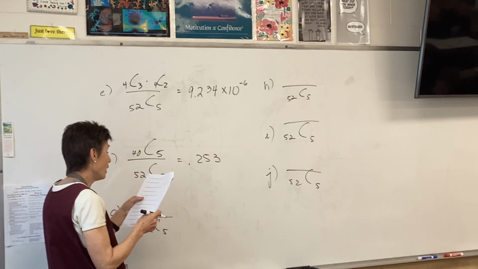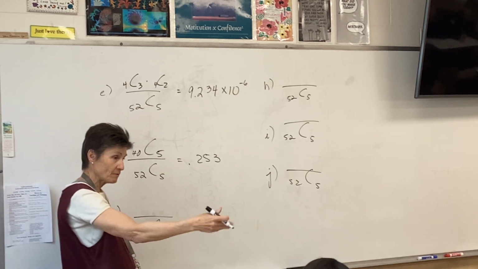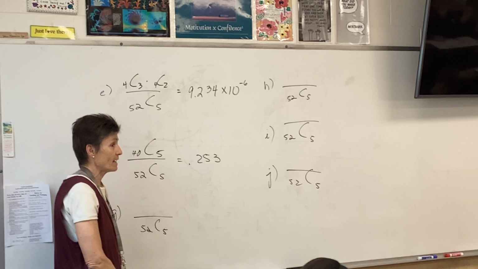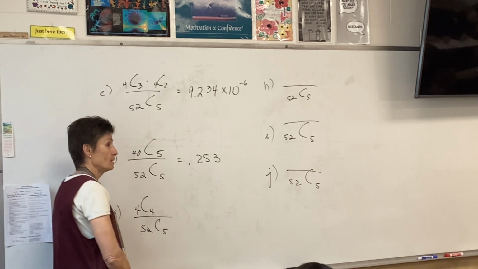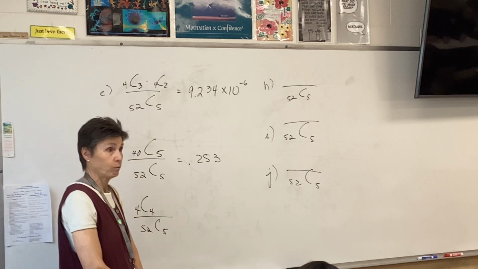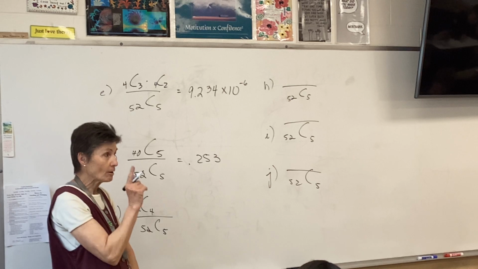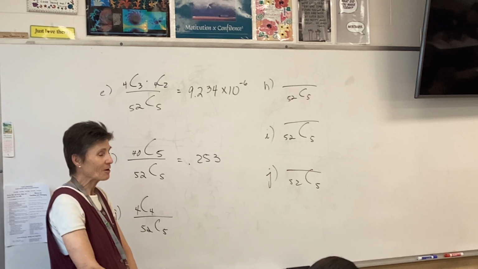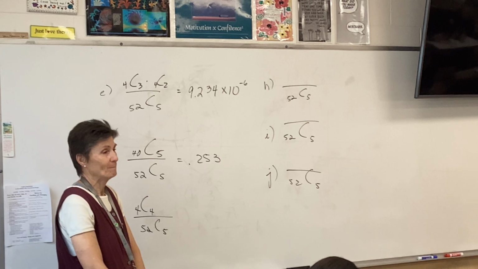Have all of the aces. So I'm going to deal you 5 cards, and you have all of the aces. 4C4, because there's 4 aces and you got to have them all. But be careful. How many cards are supposed to be in your hand? Ooh, where's the other one going to come from?